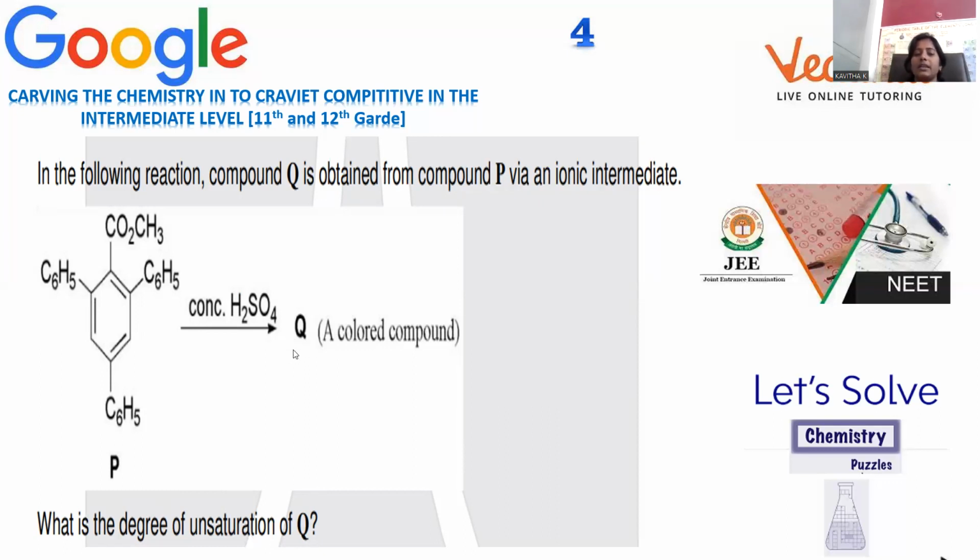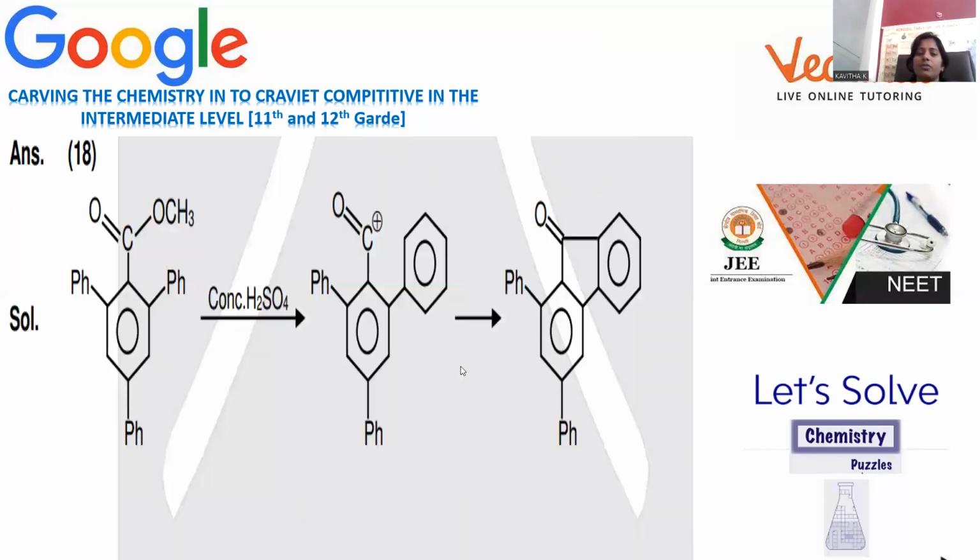If that is correct, obviously we will get the degree of unsaturation correctly. So we need to focus more on reagent chemistry, the route, the way the reaction is proceeding and what product we expect, so that we can go for further analysis like this. For question number 4, 18 will be the correct answer. Degree of unsaturation is calculated.